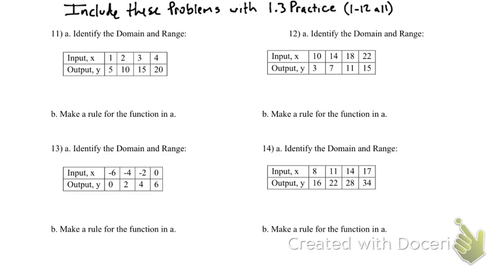All right, so number 11, first thing we want to talk about is the domain. And if you recall, your domain is the same as your x values. Another word for it is your inputs. Another word for domain is your independent variable.